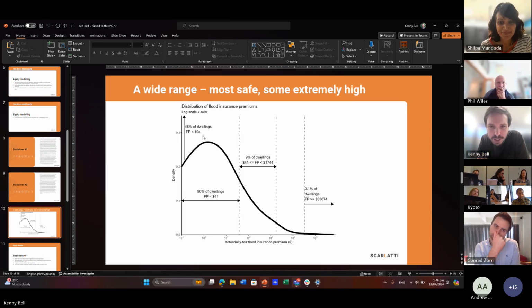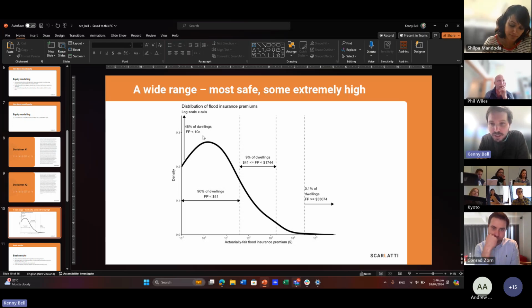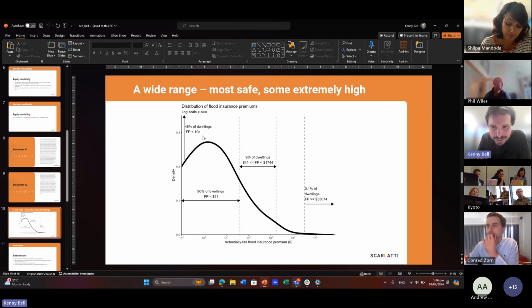So about 90% of dwellings have a very low flood premium, $40 or below. About 9% are in that $40 to $1,800 range. About 1% are in the $1,700 to $33,000 range, and 1 in 1,000 are above $33,000 per year.